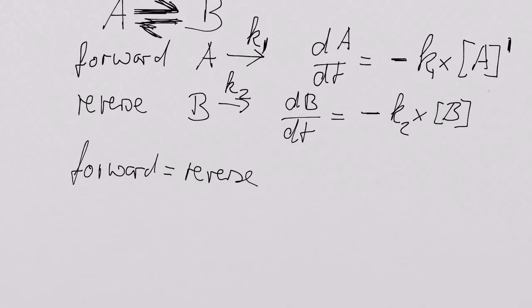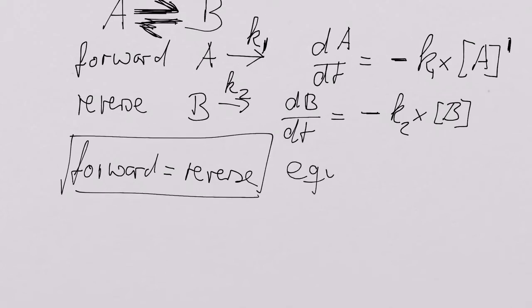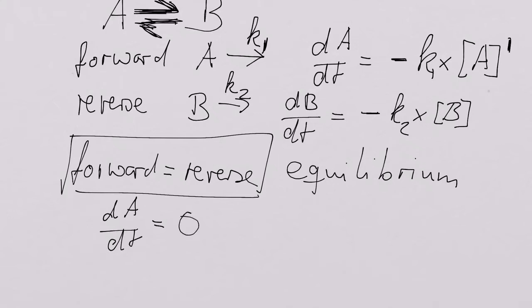So if you watch what's going on in your tube, you would actually see that there is no change in the concentration of A and in the concentration of B. So when we have this point reached here, this would be our equilibrium. And in the equilibrium, we would see that dA over dt equals 0. That doesn't change any longer.